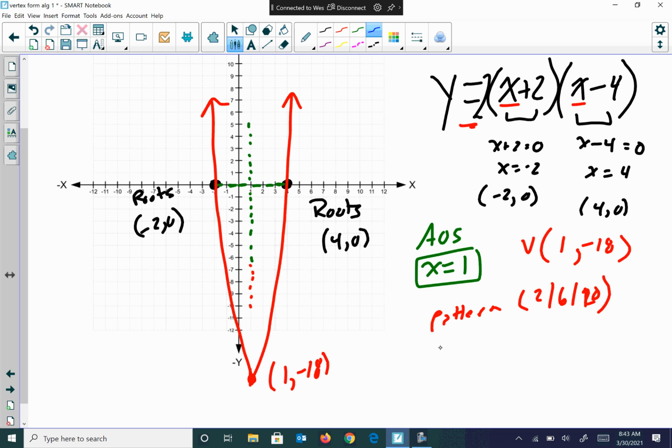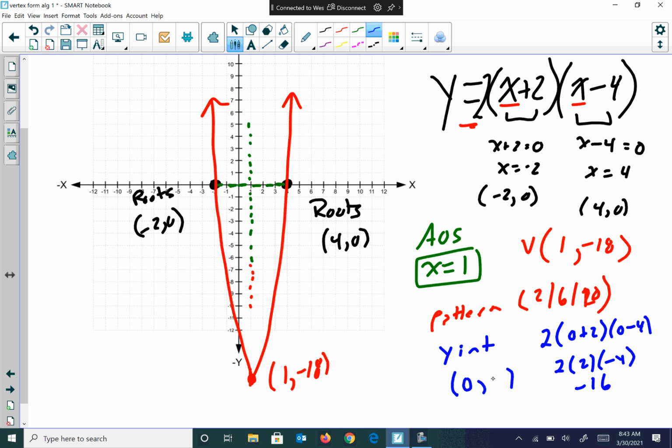Now, we can find the y-intercept. Remember I said you plug 0 in for x. So in our original equation, we're going to go 0 plus 2, 0 minus 4, 2 times 2 times negative 4. 2 times 2 is 4 times negative 4, that's negative 16.